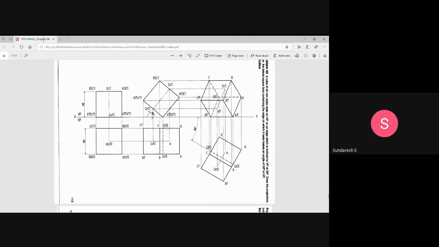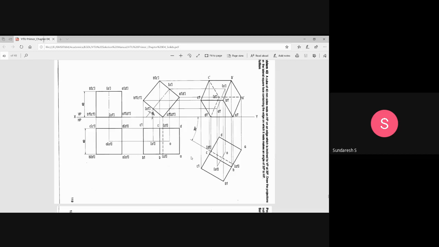Take a compass and take the corresponding distances from D1 and A1, like D1 and D, A1 and A, whichever convenient method you find. The second position top view should be transferred to the third position with A1 D1 inclined to VP at 30 degrees. This is how we transfer the second position top view to the third position.